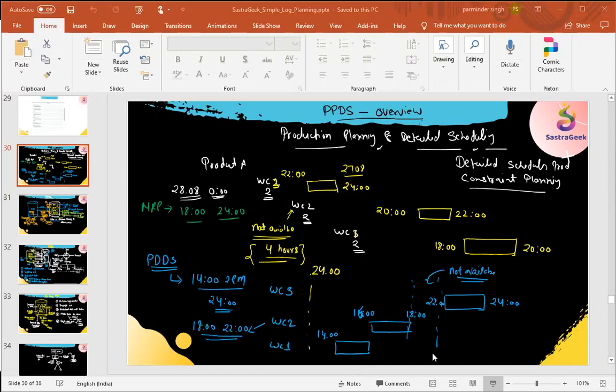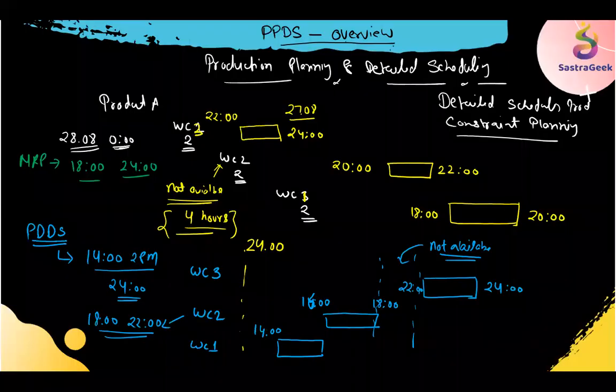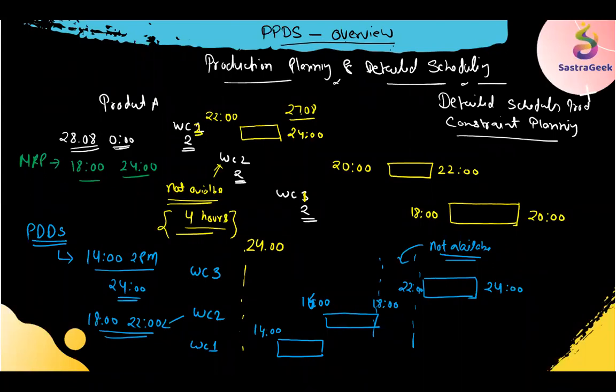I'll quickly cover what we have done in our last session and then we will proceed ahead. In our last session, we went through the PPDS overview, where we discussed how PPDS would be embedded in SAP S/4HANA. First, we tried to understand what PPDS is and what kind of things it can do.